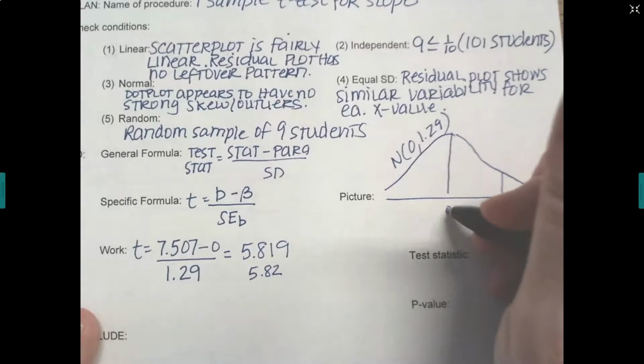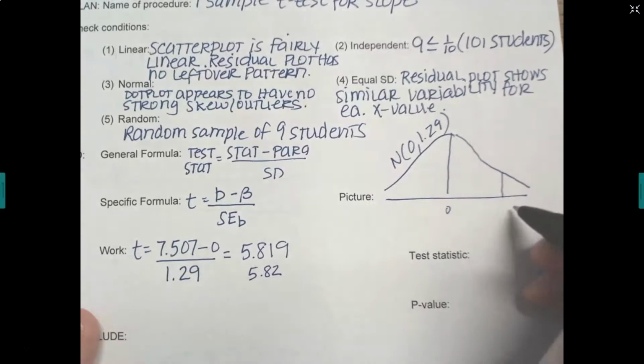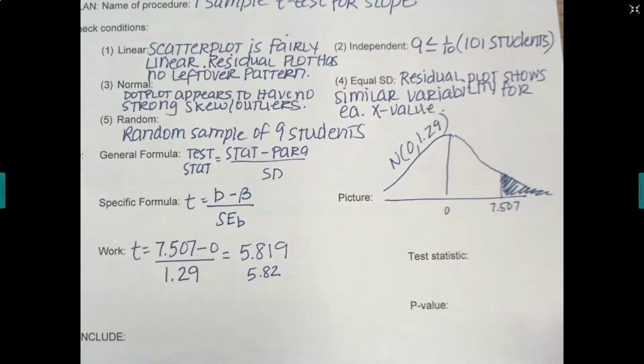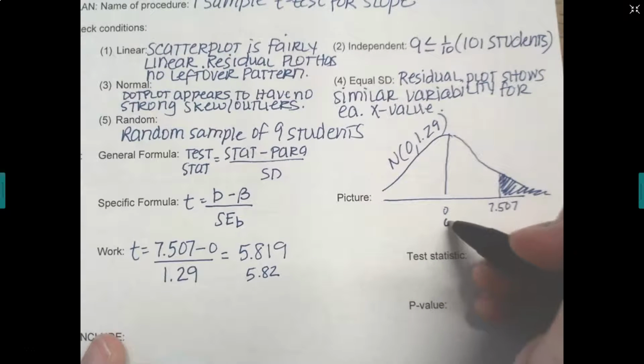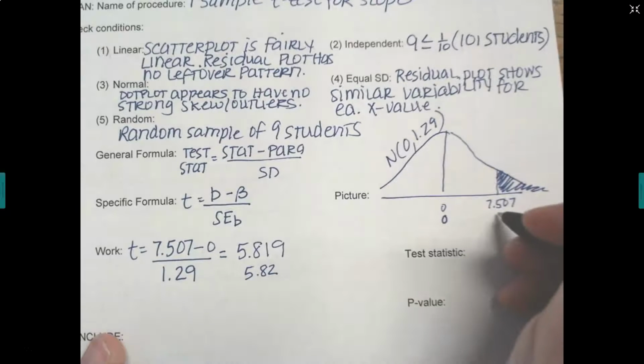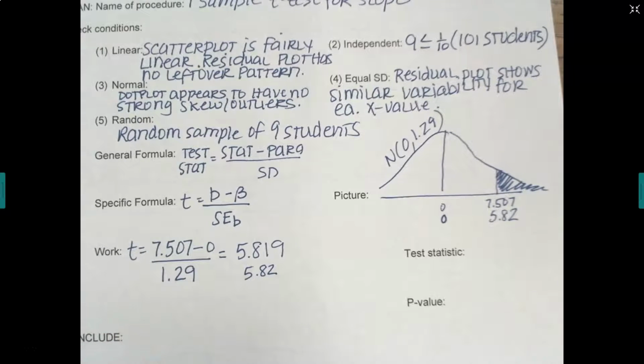So it's going to be 0 because that was our beta. And we had a slope of 7.507, and we want to know the likelihood of being that far or more extreme. Also, when you take a test statistic, you center at 0, and I got a t-score of 5.82.